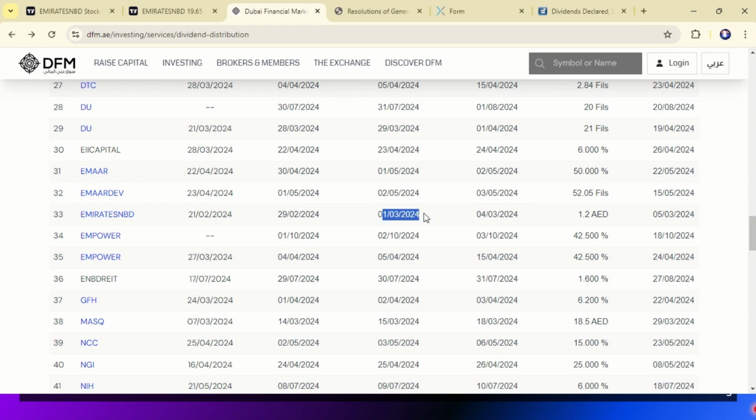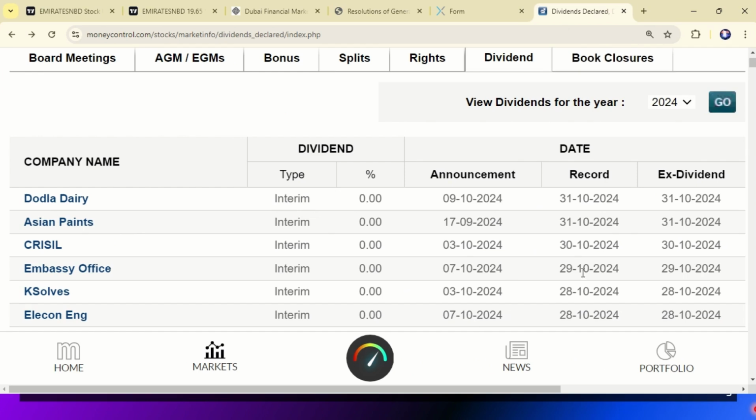But the proper suggestion is to hold from the entitlement date until the record date, and after that, if there is price appreciation, you can sell. Even for Fertiglobe, there was a 10% price appreciation after the record date. So in some cases you get more price appreciation by holding stocks after the record date.